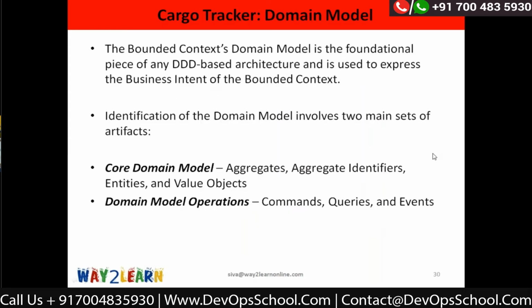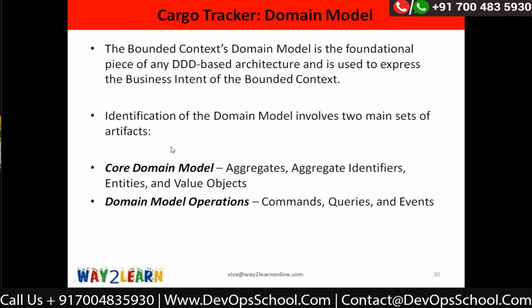Okay, so if I want to implement DDD, the first thing is to create my domain model. As I discussed yesterday, quickly I'll revise. Creating a domain model involves identifying your aggregates, aggregate identifiers, entities, and value objects.